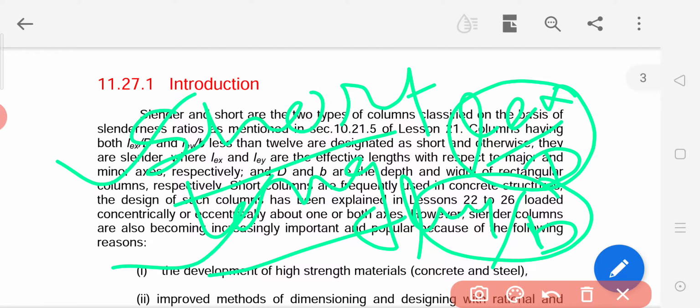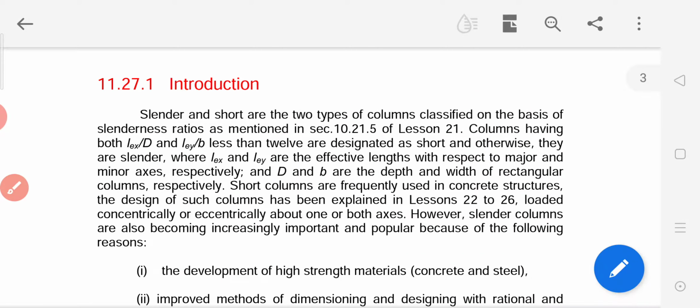These are called short column and long column. Long column is also called slender column. Slender and short are the two types of columns classified on the basis of slenderness ratio.